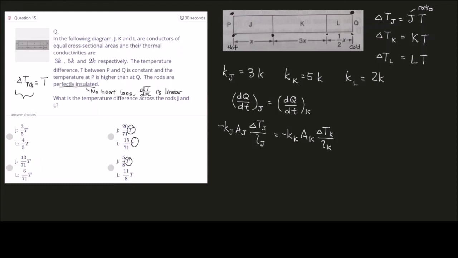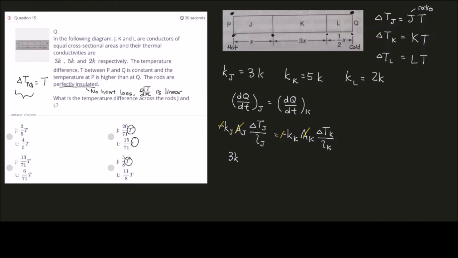Okay, so I express everything this way, then later our answer will be easier to obtain. So now I can change things up a little bit, maybe. So first thing first, I remove the negative sign. That will make things easier. Then I believe the areas are the same, equal cross-sectional area. Then I can remove the K, the A, and yeah, so that's what we have now. So let's substitute everything that we have in. We know Kj is equal to 3K.